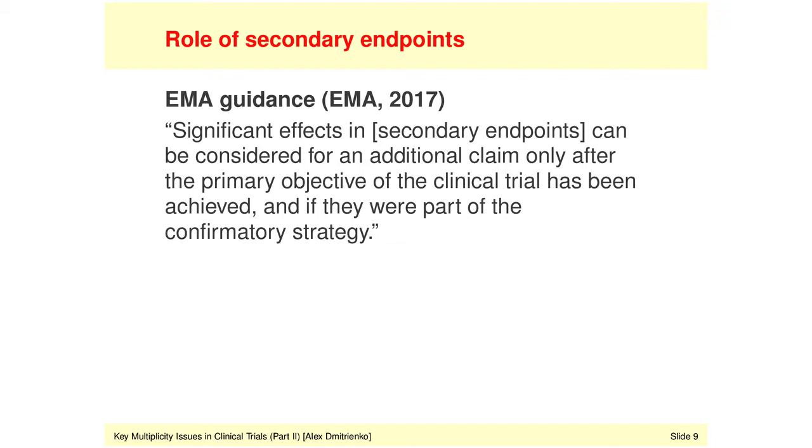It is emphasized in the guidance document that significant effects in secondary endpoints can be considered for an additional claim only after the primary objective of the clinical trial has been achieved and if they were part of the confirmatory strategy. For this reason, the endpoints that are listed on slide 8 will be tested only if the primary endpoint, which serves as a gatekeeper, is passed, and we can continue to the second stage of the testing algorithm that involves the three predefined secondary endpoints.